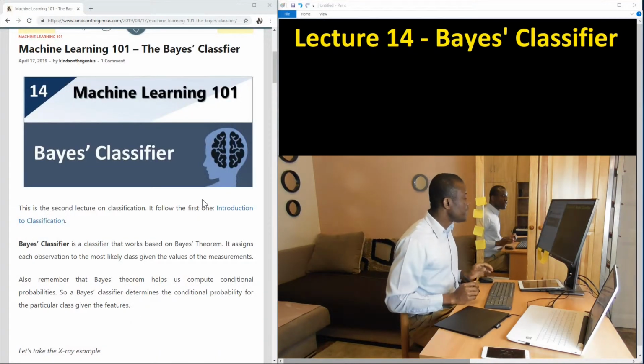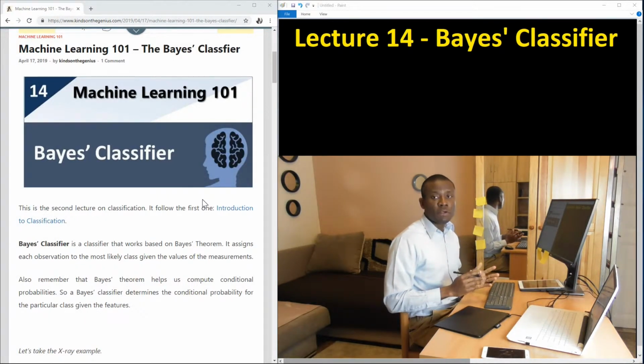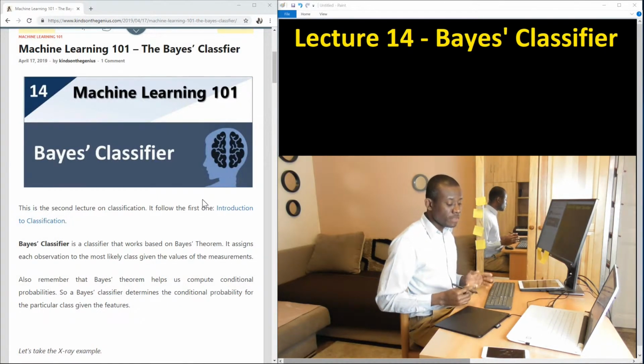So now we have a type of classifier called Bayes classifier. This is different from the k-nearest neighbor classifier that we are going to look at in the next class. Bayes classifier works by using Bayes theory. So of course the name is very simple. Bayes classifier uses Bayes theory to operate. What is Bayes theory?